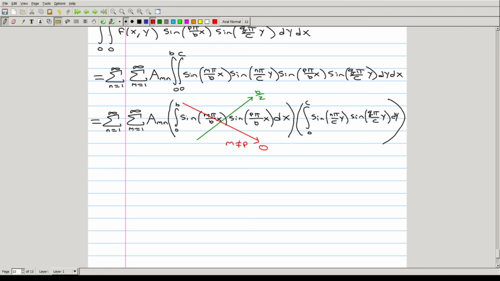Similarly, this integral right here is going to be 0 if n is not equal to q, the only time that it will be non-zero is when n is equal to q, which gives you a value of c over 2.